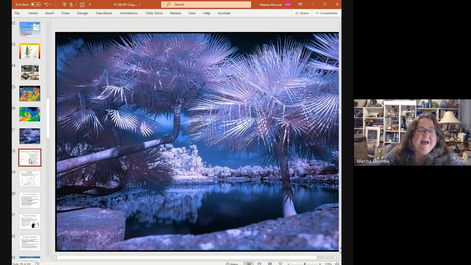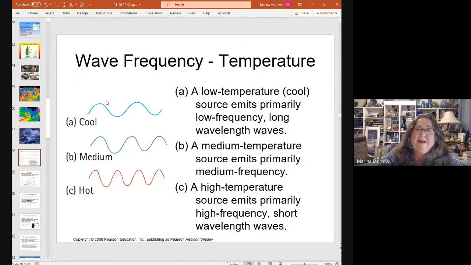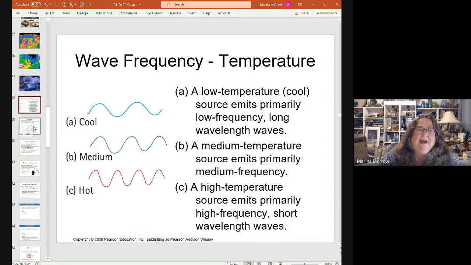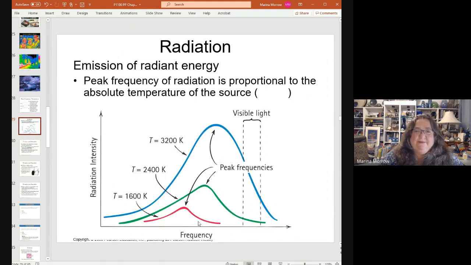Okay, so we were talking about how different temperatures create different frequencies. As an object is heated up, it radiates at different frequencies. And this is the sort of picture that is famous for physicists, and showing how as temperatures heat up, their peak frequencies that they create increase.